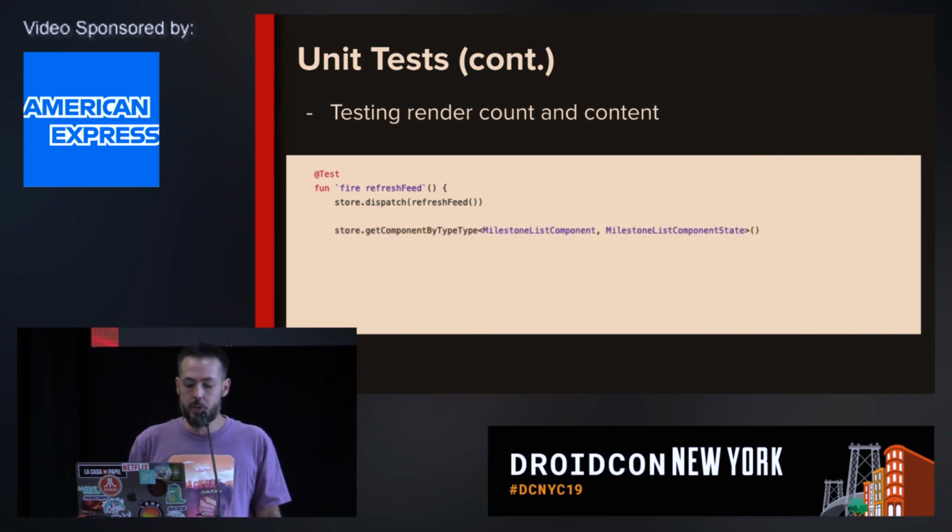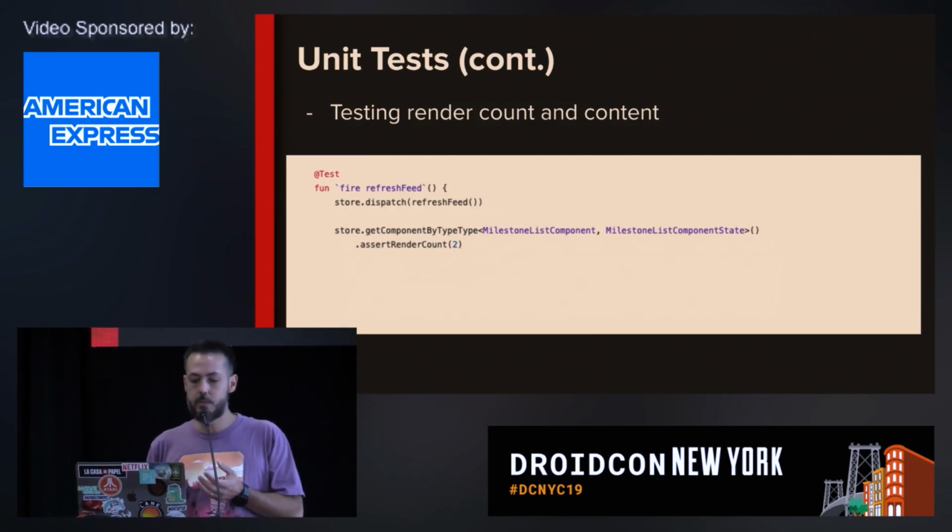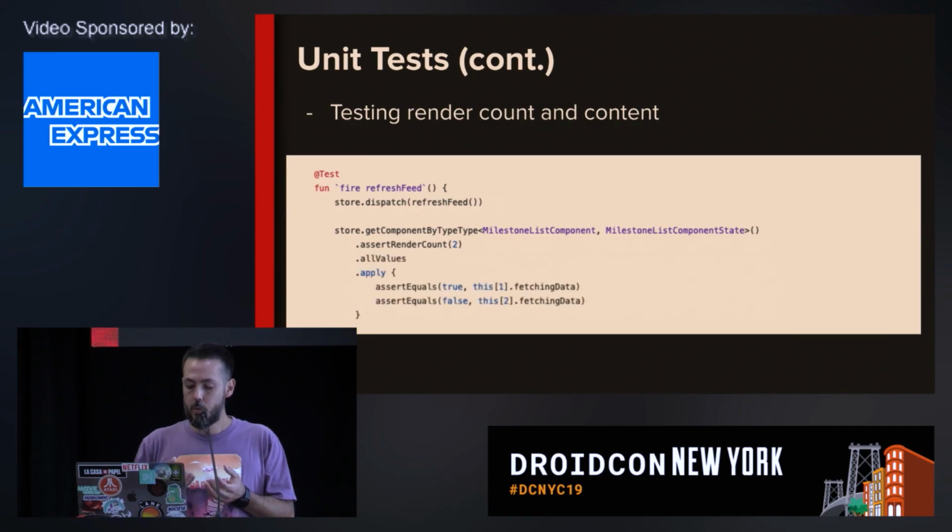So next, we grab a component from the store. And we grab a component to be able to test how many times the render method was called. And in this case, we are testing the loading. So we are testing if we should or should not show the loading spinner. And in this case, this component should be called 2 times.